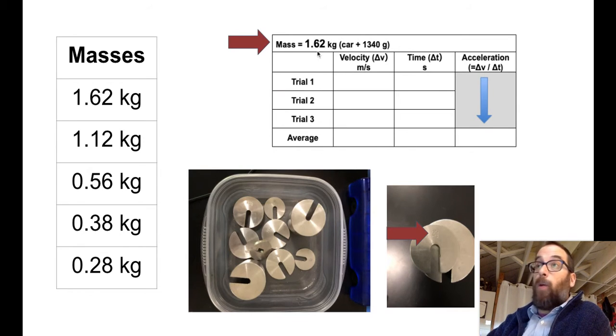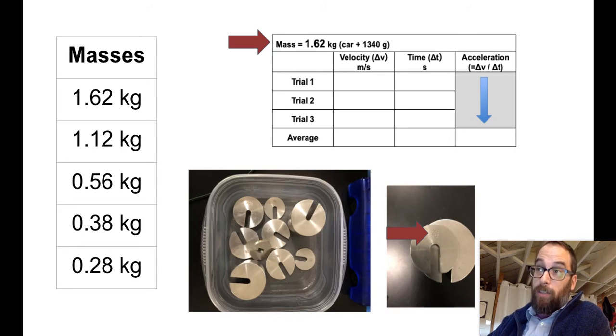Okay? So to get 1.62 kilograms, you take the car and you put 1,340 grams of mass on top of it. That total together gets you 1.62 kilograms. Okay, so to get this one, you take two of these big 500s, three 100-gram masses, and two 20s, or a 20 and two 10s, equal 40, to get 1,340 grams.